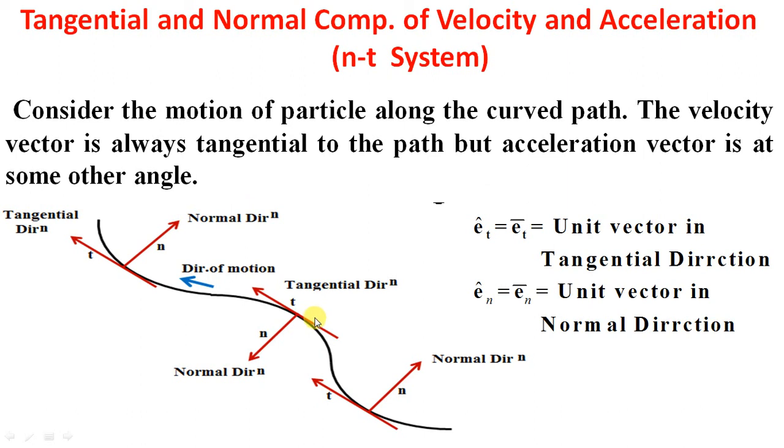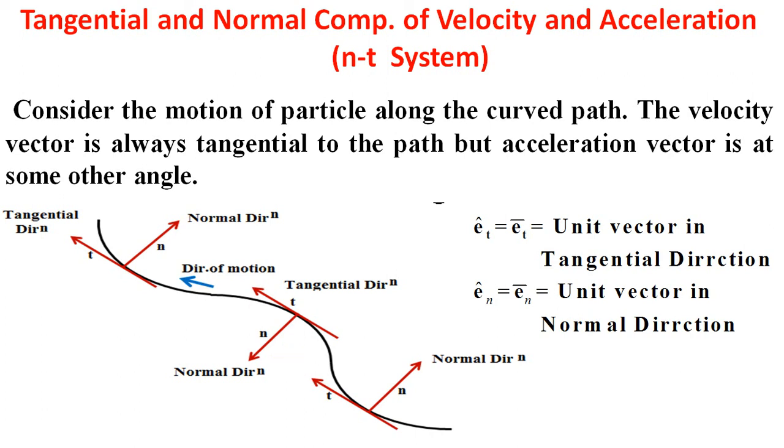The velocity along the tangential path is represented by the notation Vt, and the normal component of velocity is represented by the notation Vn. So Vn is always 0 in the normal and tangential system.